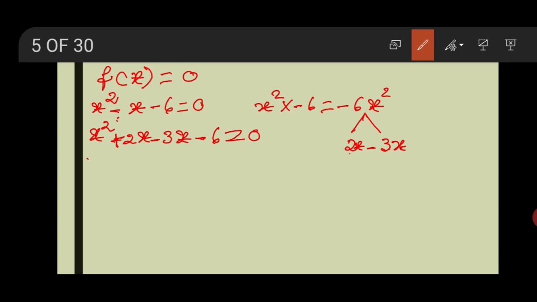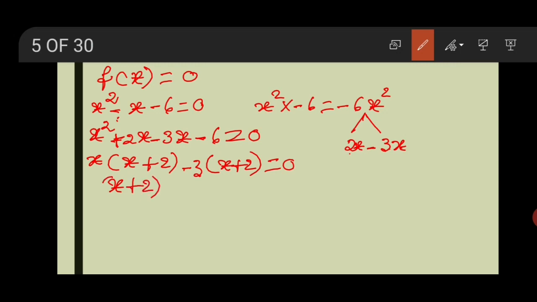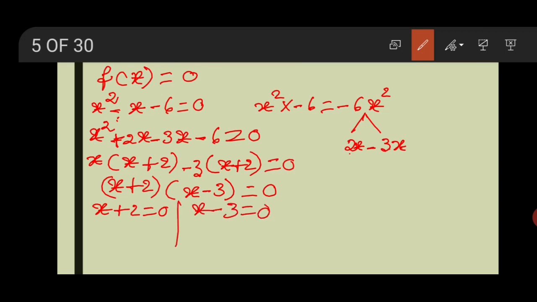Now take the common factor outside. X is the common factor. Inside the bracket, what's remaining? X plus 2. Again, write the same bracket x plus 2. We have to keep minus 3 outside the bracket. Now, again x plus 2 is the common factor. X minus 3 are remaining here. Therefore, this implies either x plus 2 is equal to 0 or x minus 3 is equal to 0.